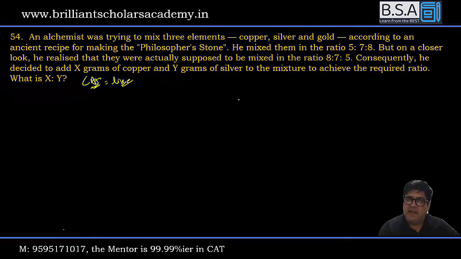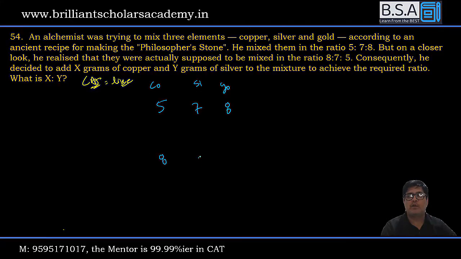What is the alchemist doing here? He was supposed to make a ratio of 5:7:8 for copper, silver, gold. By mistake, he has made this ratio. What was the expected ratio?